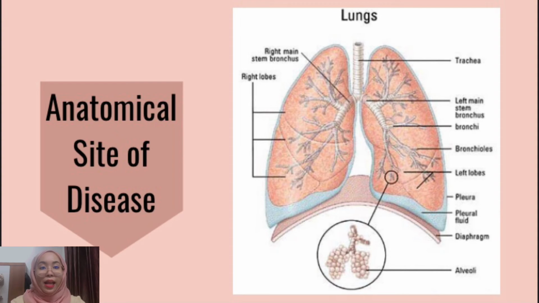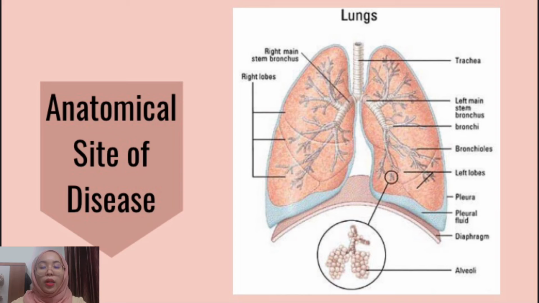Okay, next, let me take a look at the anatomical side of the organ affected by pneumonia, which is the lung. It begins with the trachea, and we have the carina that divides it into the right main stem bronchus and left main stem bronchus. From the bronchus, it divides into the bronchi, and from the bronchi into the bronchioles, and at the end of the bronchioles, we have the alveoli.